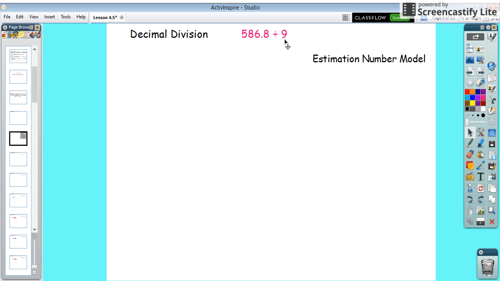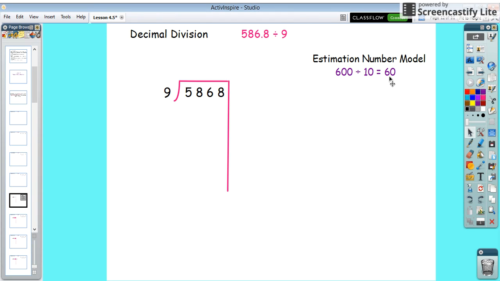Then 9 is close to 10, so I'm going to round 9 to 10. So my number model is 600 divided by 10, which is equal to 60. So we know the answer to this division is going to be close to 60. We're going to use this later in the video.